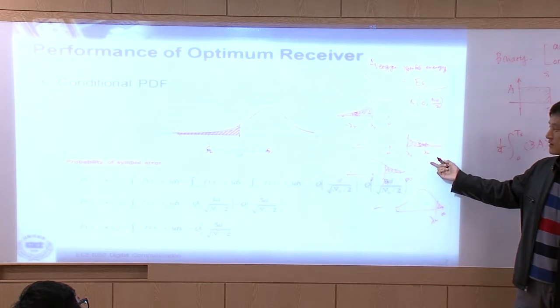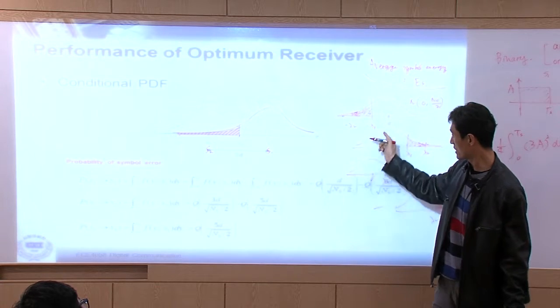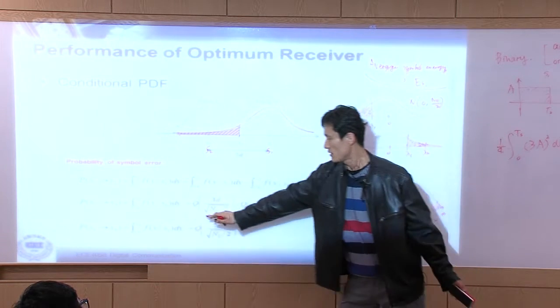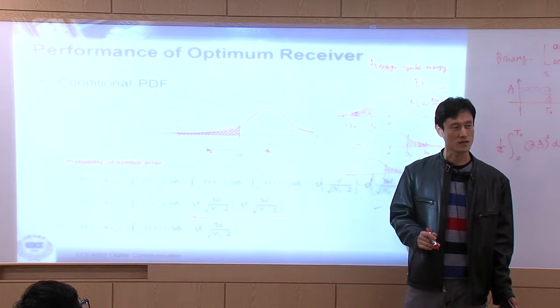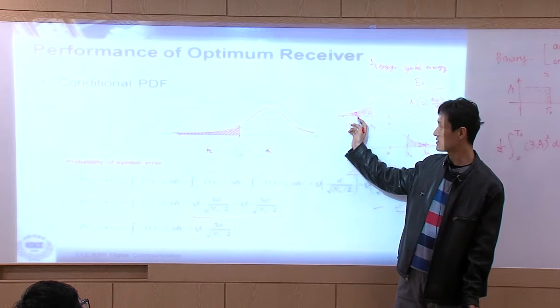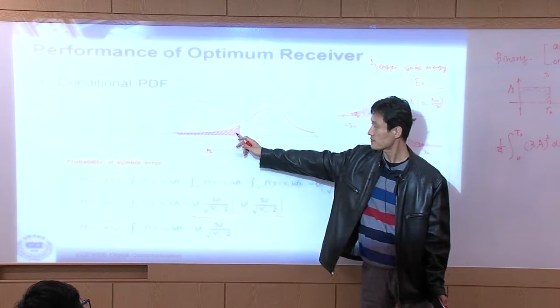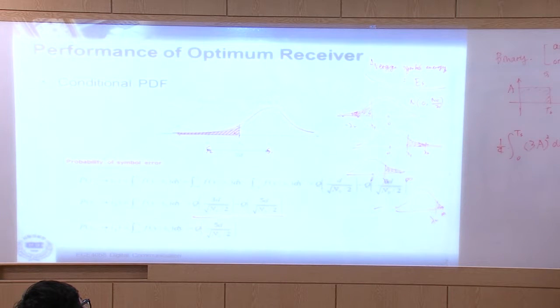That's simple, right? So that's why for this one, you are getting two different Q functions and subtract like this. That's as simple as that. Q function minus another Q function. That's going to be this area. Right? It's very simple. That's it.